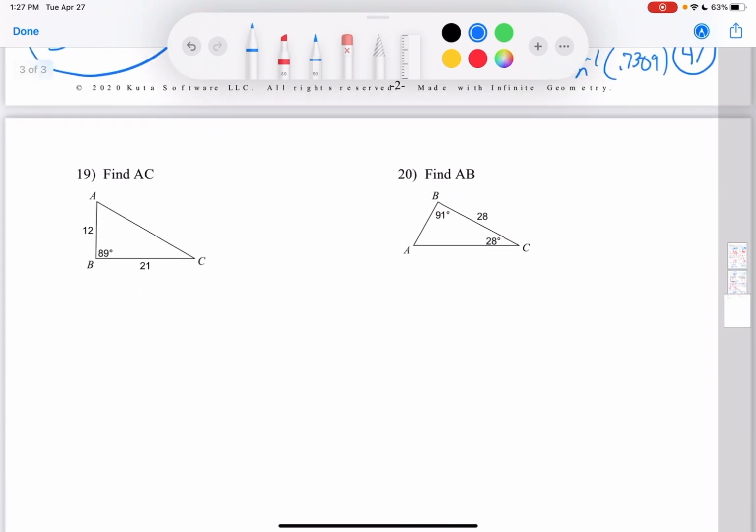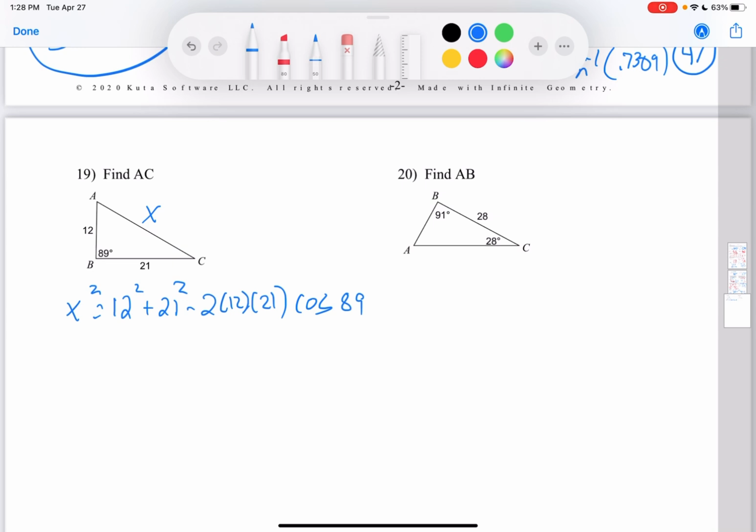Number 19, we've got side, angle, side. So we're going to use the law of cosines. So the side that we're trying to find squared is equal to the sum of the sides squared minus 2 times each of the sides times the cosine of our angle.